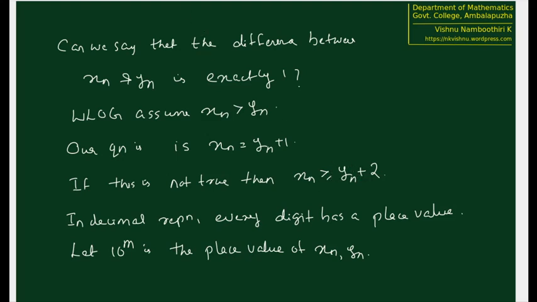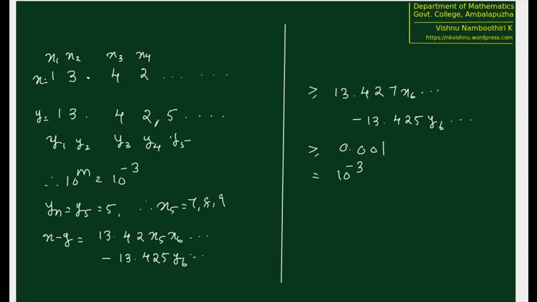So exactly the same situation as in this case. Here xn is x5, that is 7, 8 or 9, yn is y5, that is 5, the difference is at least 2, and we have taken the difference in such a way that the difference is the minimum, and the minimum difference is going to be greater than or equal to 0.001, which is 10 raised to minus 3.